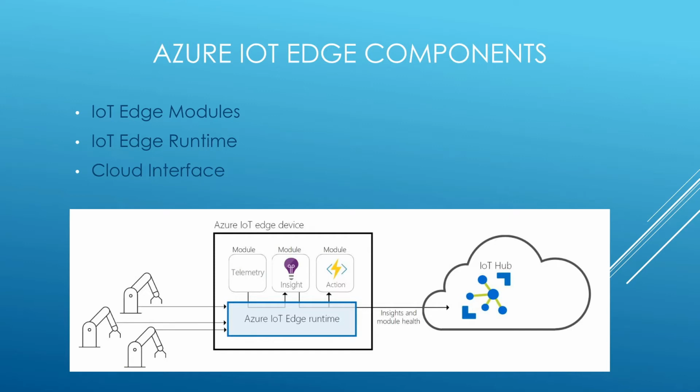The IoT Edge runtime is required to run on each Edge device and is responsible for managing all the modules running on the device. It also reports module health to the cloud and manages any communication between other devices and between itself and the cloud. Finally, it is responsible for maintaining security on the device.